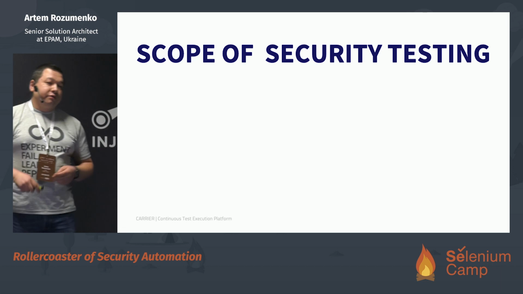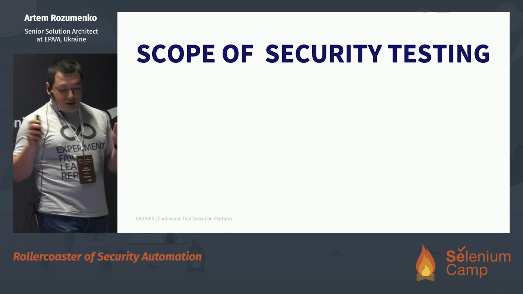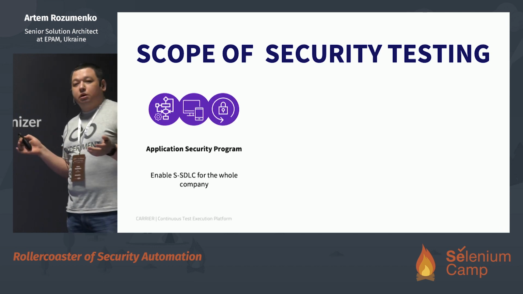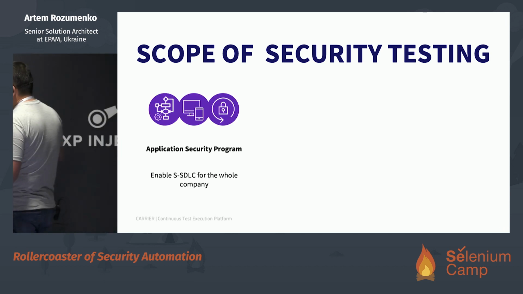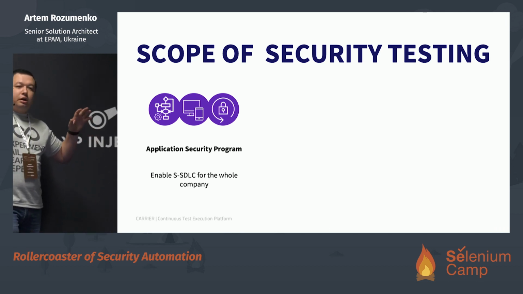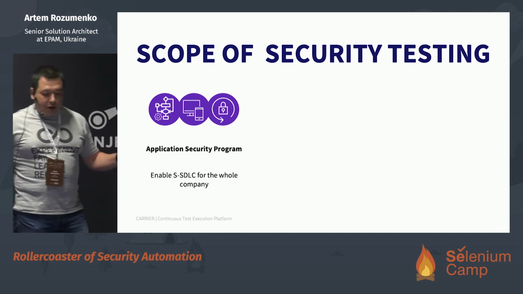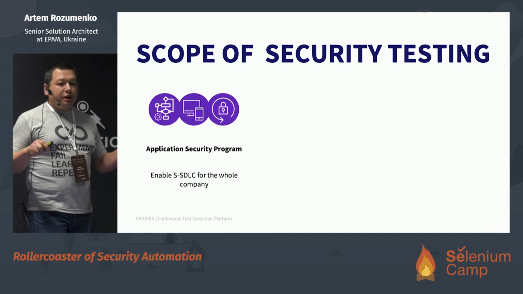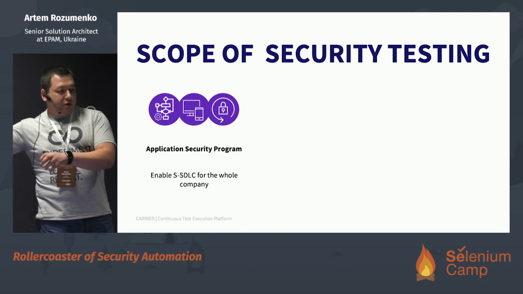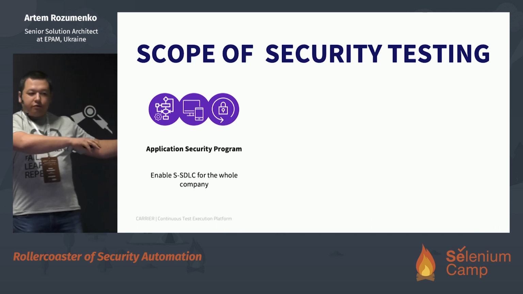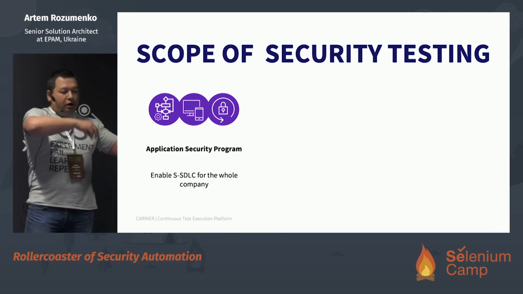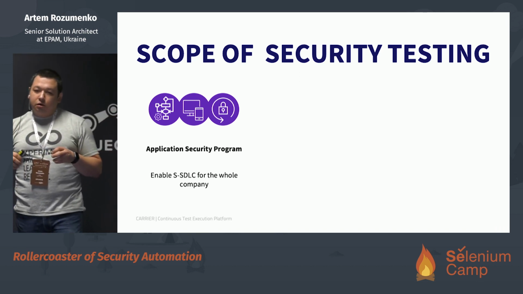Let's start with a bit of theory. What's actually in scope of security testing? The first thing is that big enterprise-level organizations need to run it as programs. The programs basically enable security through all the chains of the software delivery process, starting from a review of the architecture, building requirements with security in mind.